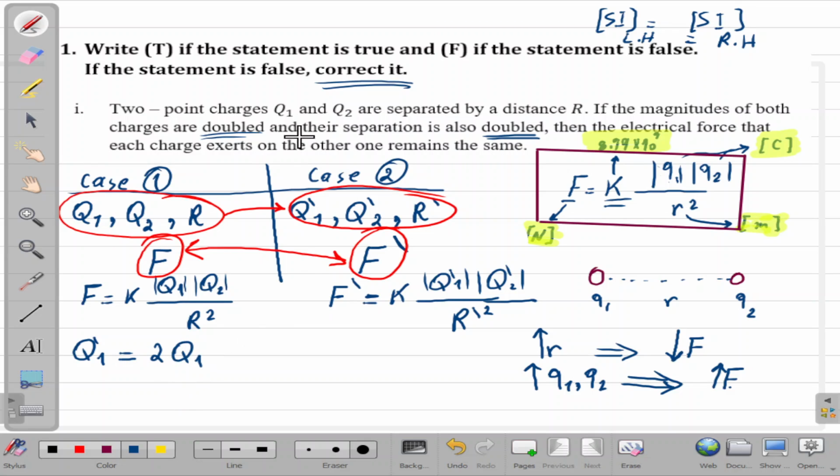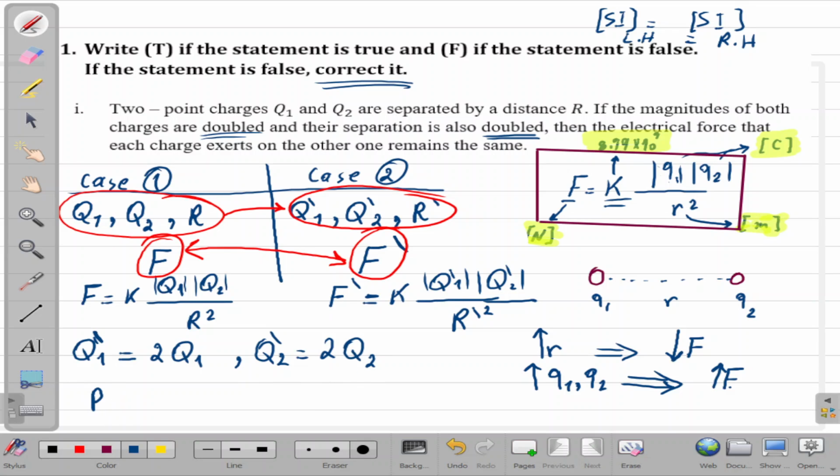Since we have doubled the charge, doubled means twice the value. So the new value, Q prime 1, is equal to twice the old value. Also, the new value Q prime 2 is double the old value Q2.